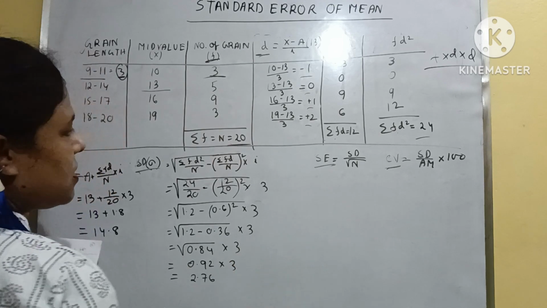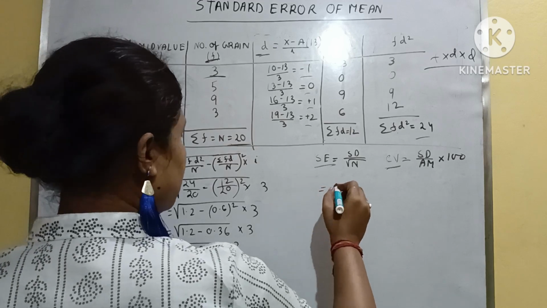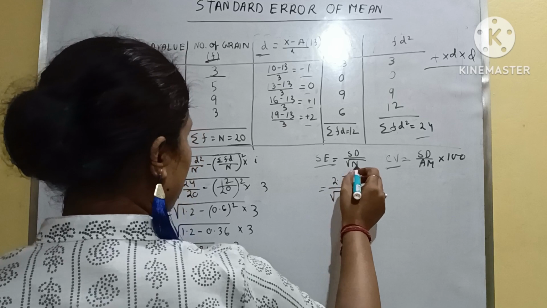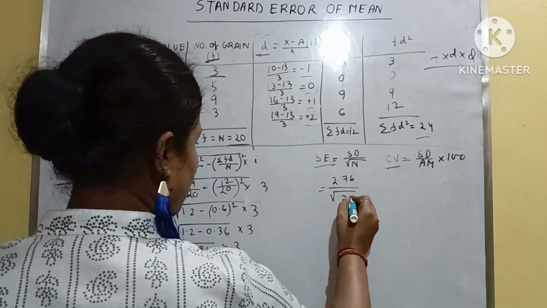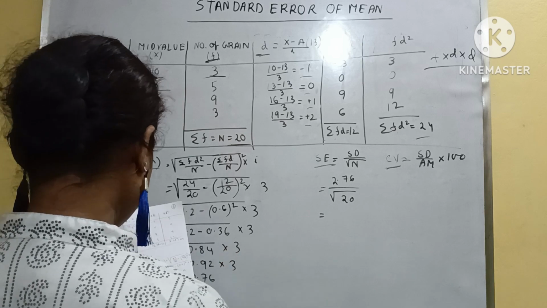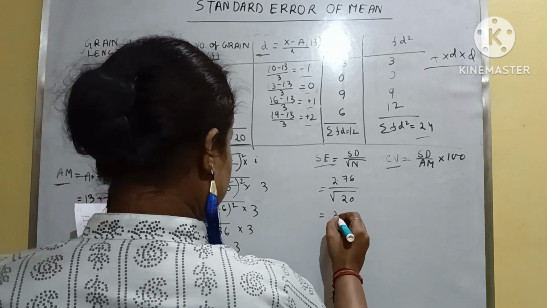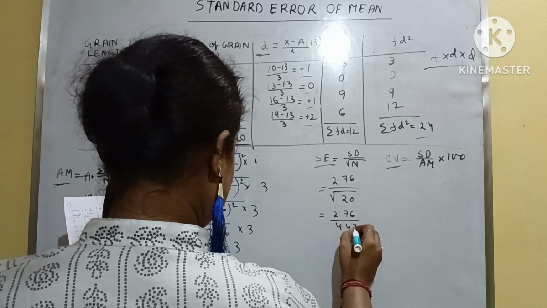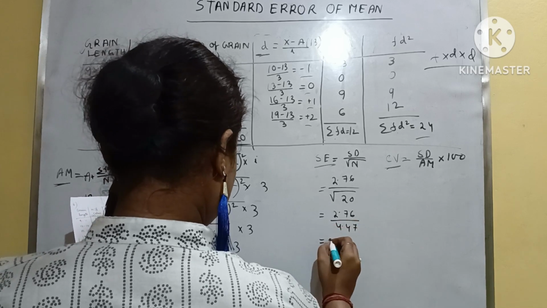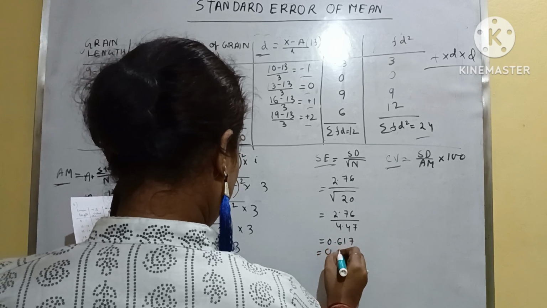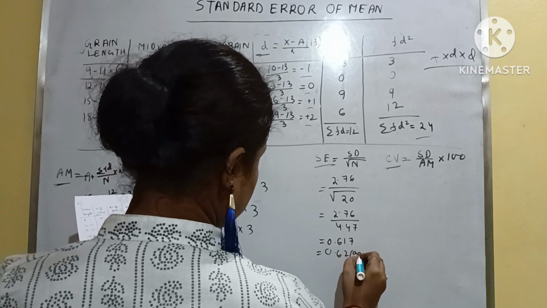And now we have to calculate the SE value. The SD is 2.76 and n is root over 20. By calculating this, we get 2.76 by 4.47, so the value becomes 0.617, or 0.62 approximately.